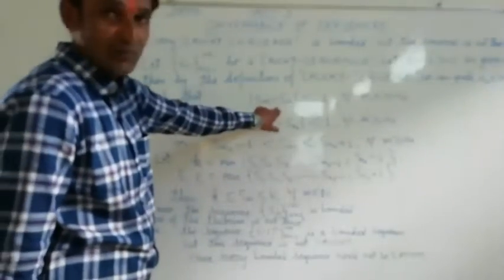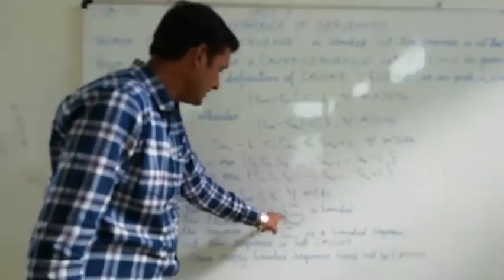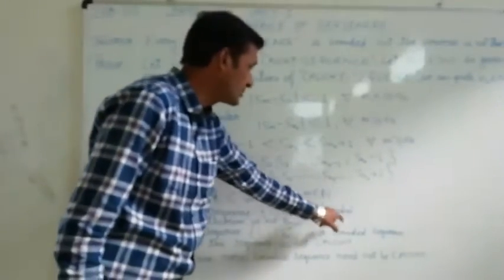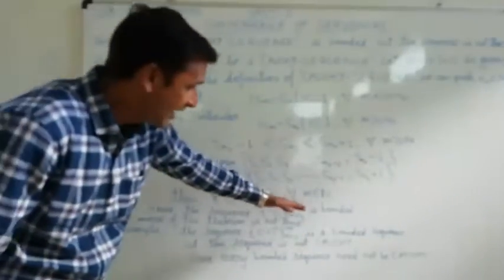We have considered one Cauchy sequence and proved it bounded. Now the converse of this theorem is not true. It is mentioned in our theorem that the converse is not true.